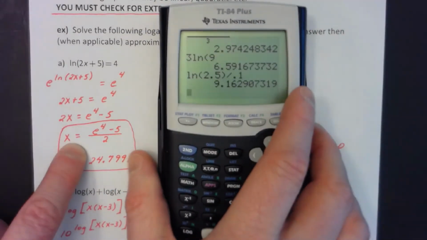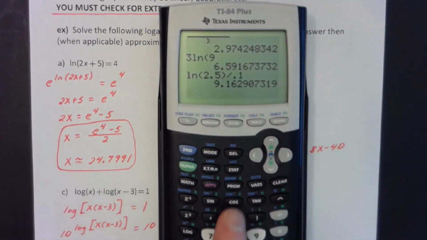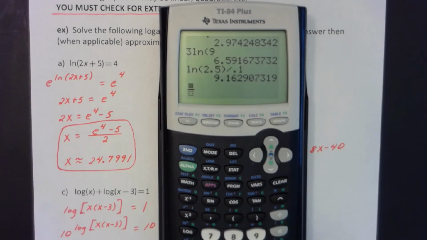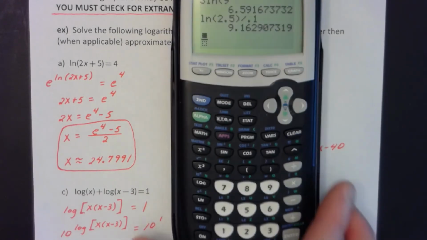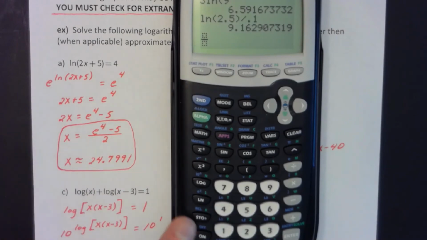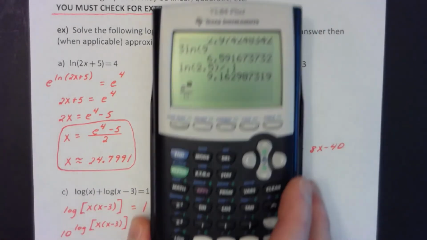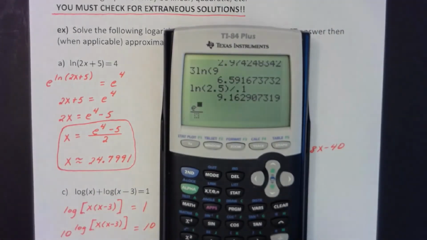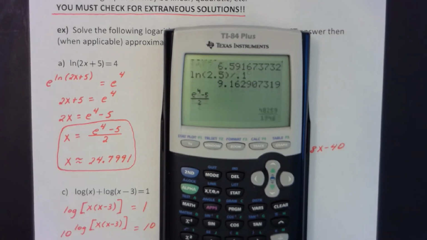Now, for your decimal approximation, it's going to be a fraction, and I'll have e to the 4th. The best way to locate e is its second natural log. And I'll say I have e to the 4th power minus 5, and we're dividing that by 2. This should be the 24.7991 answer.